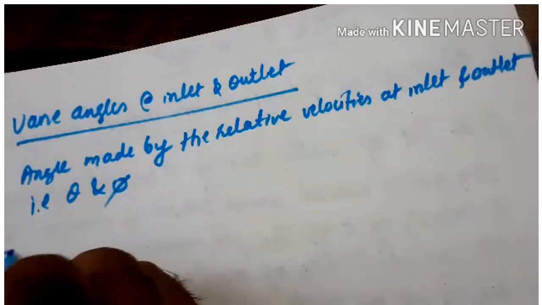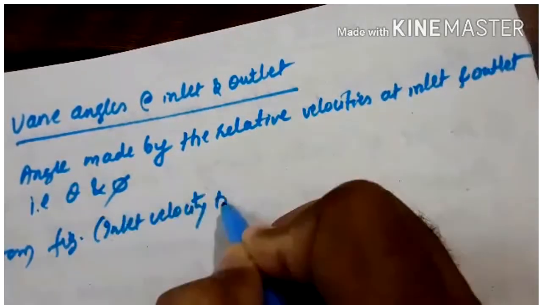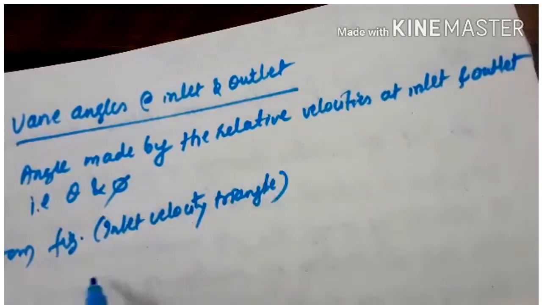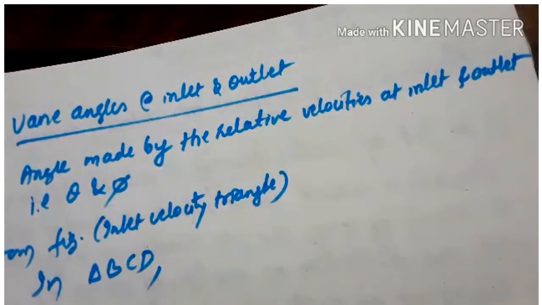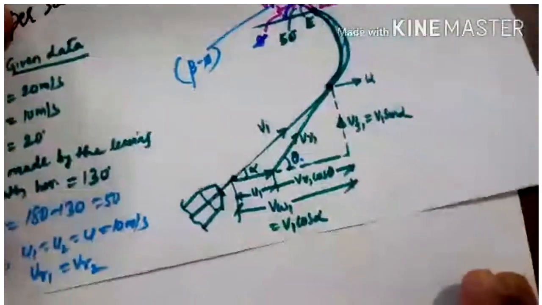Now from the figure, that is from the inlet velocity triangle, triangle BCD. Look at this figure.